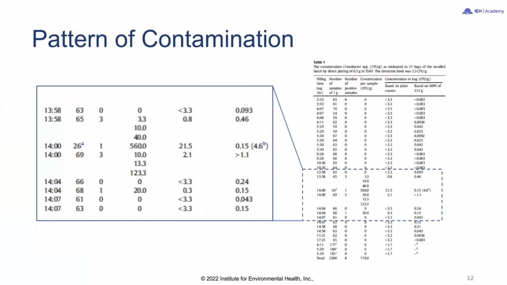In fact, it all pretty much occurred between 13 hours and 58 minutes and 14 hours and 4 minutes. That's a period of only 6 minutes out of 24 hours. And at 1400 hours, one of the cans had 560 colony forming units per gram of product.